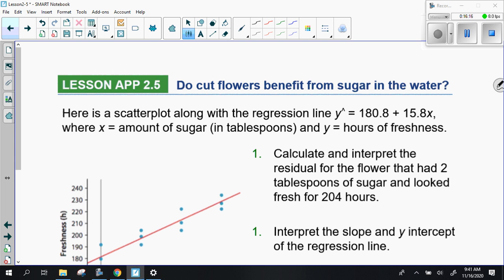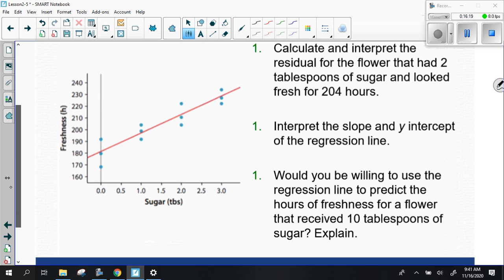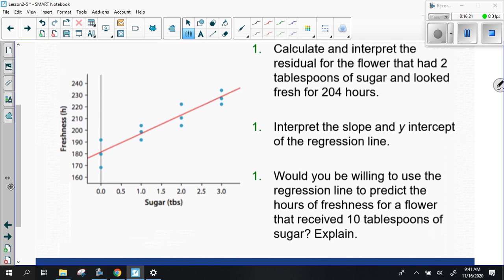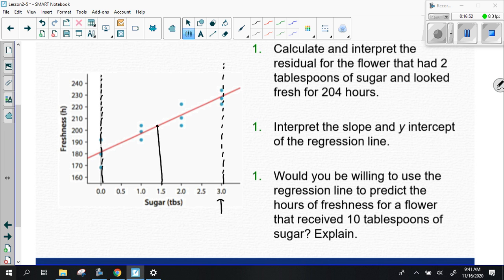Now the question is, would you be willing to use the regression line to predict the hours of freshness for a flower that received 10 tablespoons of sugar? Well, here we are at 3 tablespoons, right? So our observed values, or our actual values, only range between 0 and 3. That means that I could only make predictions for amounts of sugar that are between 0 and 3. For instance, if I wanted to estimate how long a flower would last if I put 1.5 tablespoons of sugar, that would be fair.